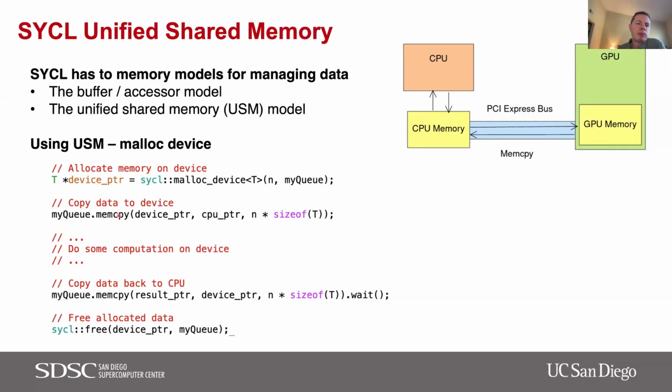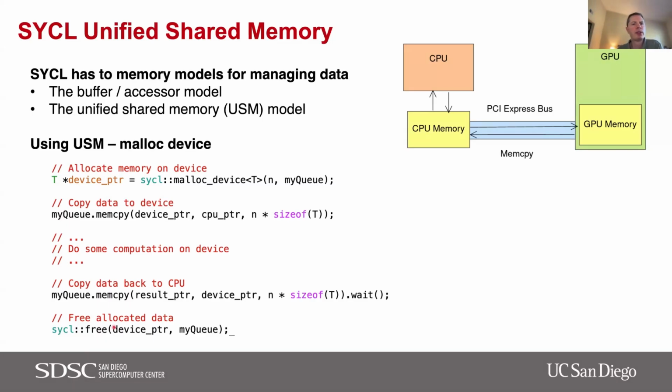You can have memory copy operations where, you've seen this already, we transfer data from the CPU to the pointer on the GPU. So explicitly getting the pointers to the memory locations, so that's not hidden from you. And when you're done, you copy the data back to the CPU. That's the same as you'd be doing in a CUDA code or a HIP code. And when you're done, you can free the memory again.